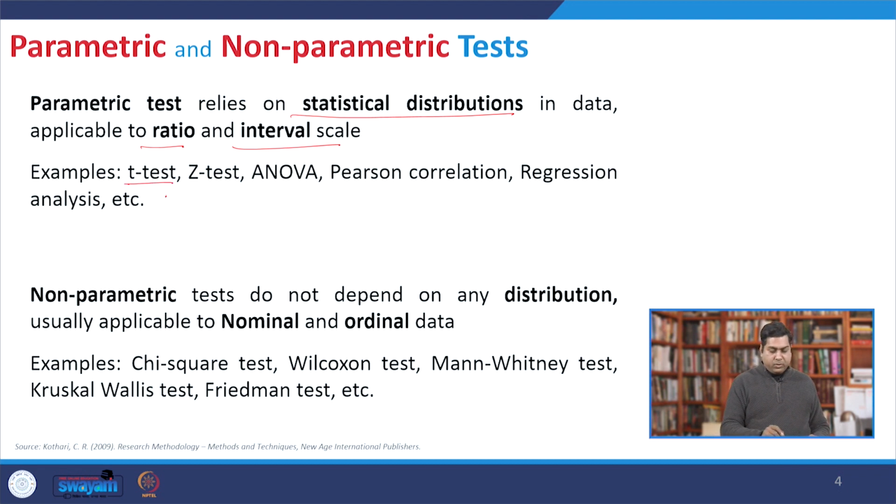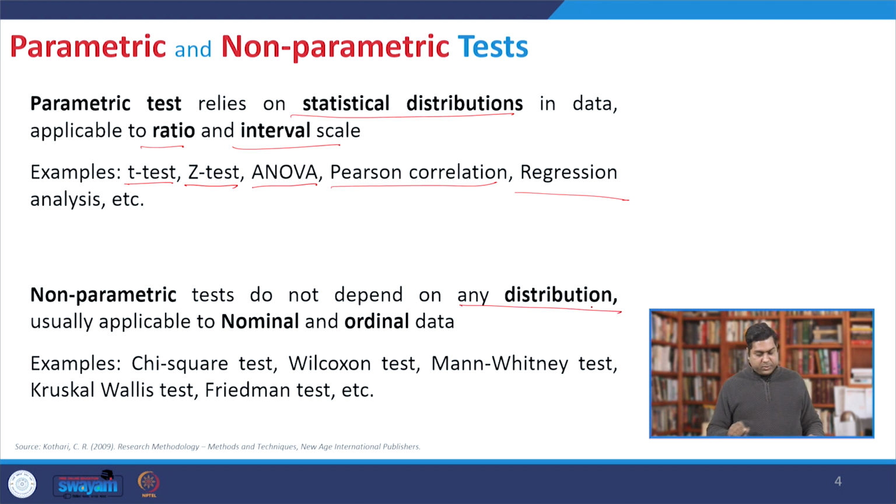Examples: you can go for t-test, z-test, ANOVA through F-test, Pearson correlation, regression analysis, and there are many more where you can apply your statistical test to bring out the required findings, establish the relationship between variables, establish the trend, or, in line with our previous discussion, test the null hypothesis for your study.